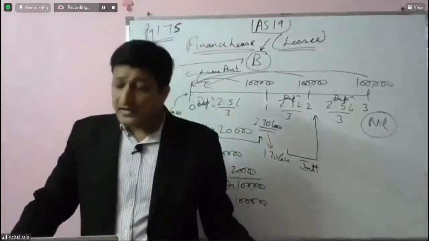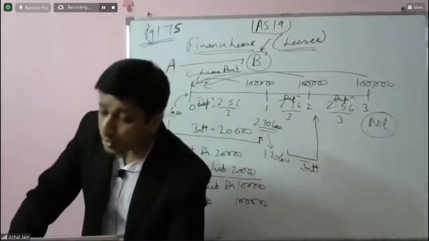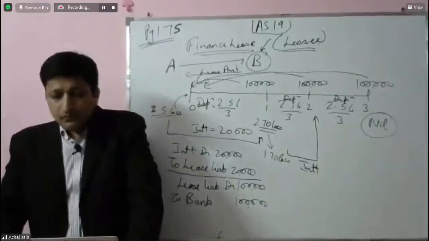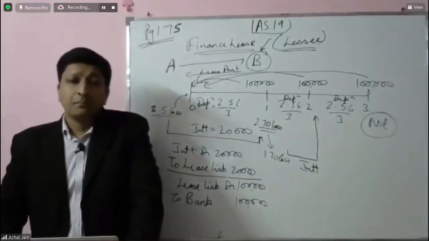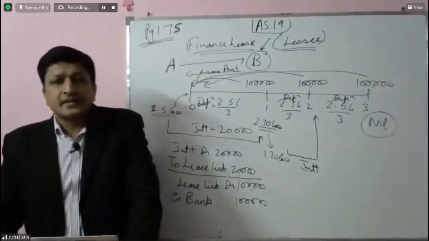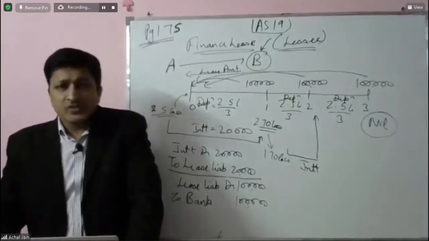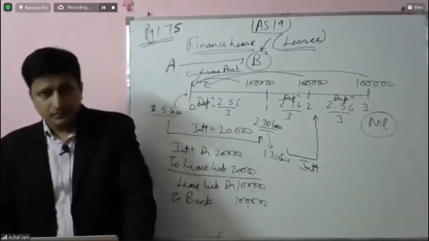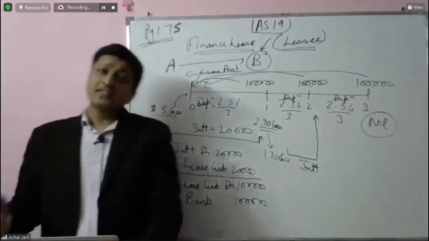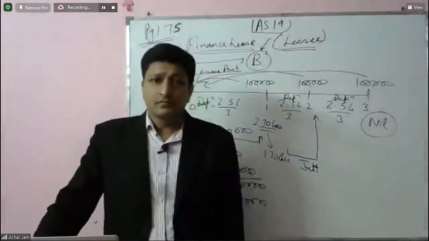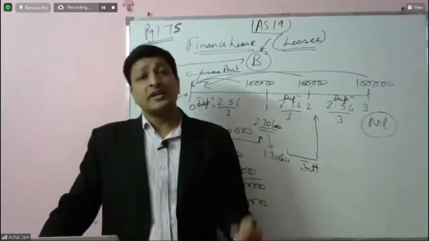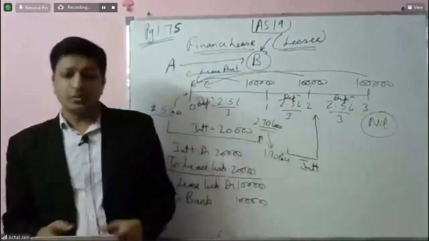Jamil is asking, sir, whether this discount rate will be given in the question or we will have to guess. See, first of all, you cannot guess it. Guessing is not what you will be required to do. Either it will be given in the question, but mostly it will not be given, in which case you will be required to compute it.